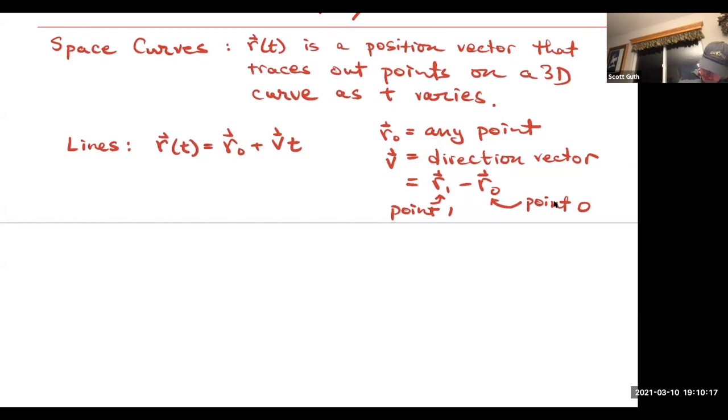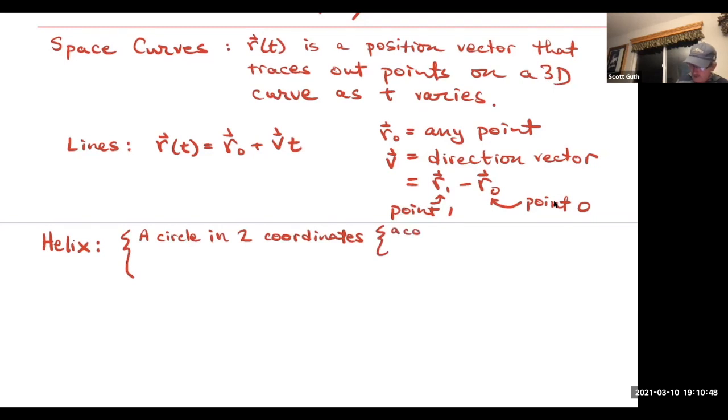Okay, so then let's do the helix next. This one I expect you to know. Basically, it's a circle in 2 coordinates. So you could have a circle in 2 coordinates, that could be like a cos of, let's say, omega t and b sine omega t.